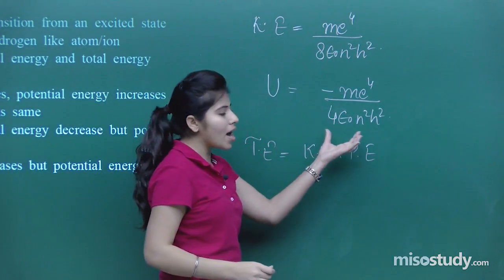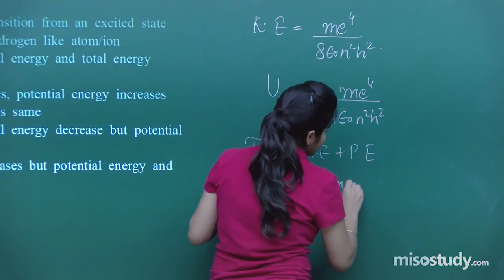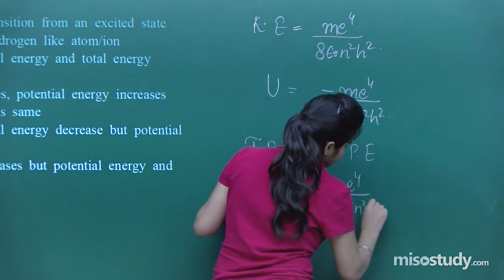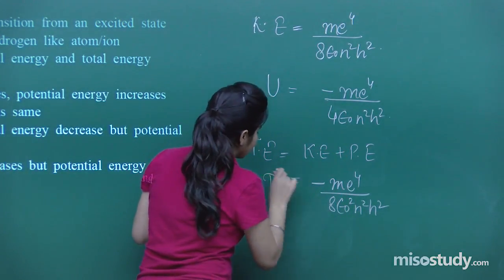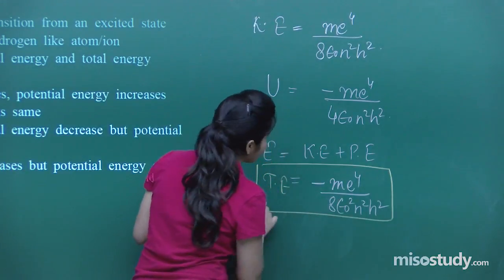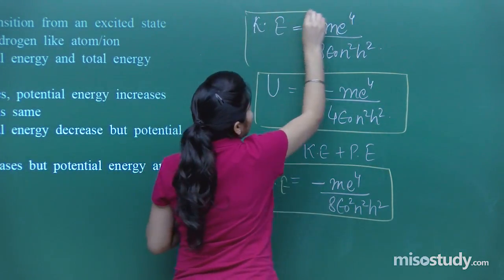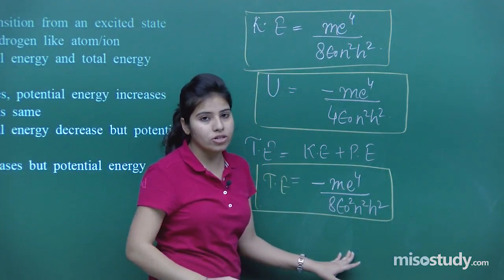If you add these two equations, then you will have minus... this will be the relation for total energy. Now you have three formulas before you: the formulas for kinetic energy, potential energy and total energy.